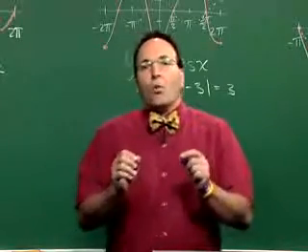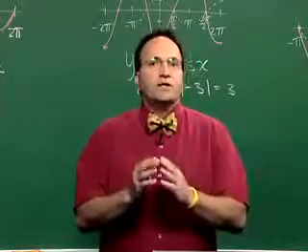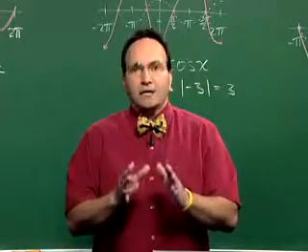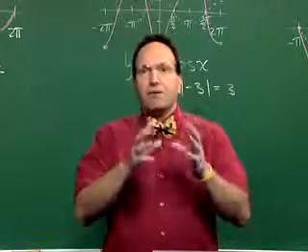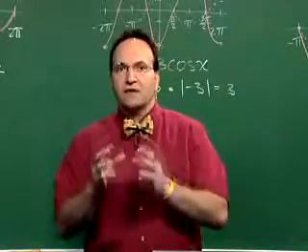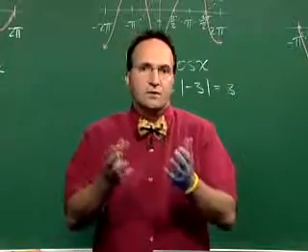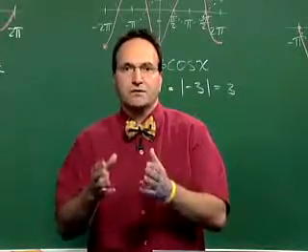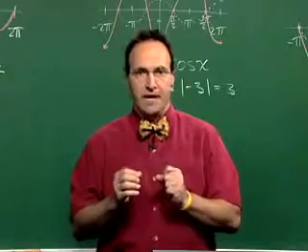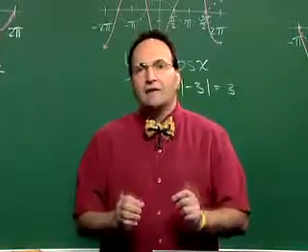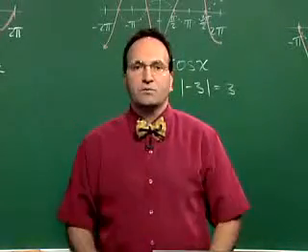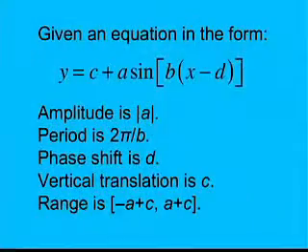So what I want to say is we've looked at graphs like y equals c plus a times cosine bx, or we could do it as sine, so y equals c plus a times sine bx. I have a graphic to explain how these work. So let's take a look.